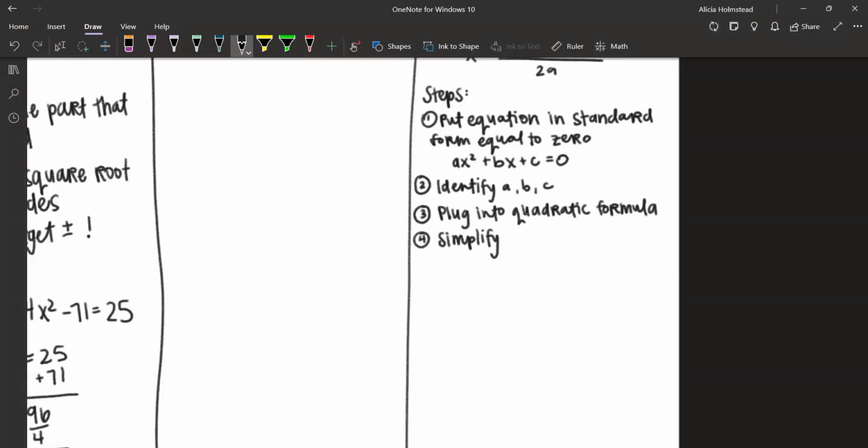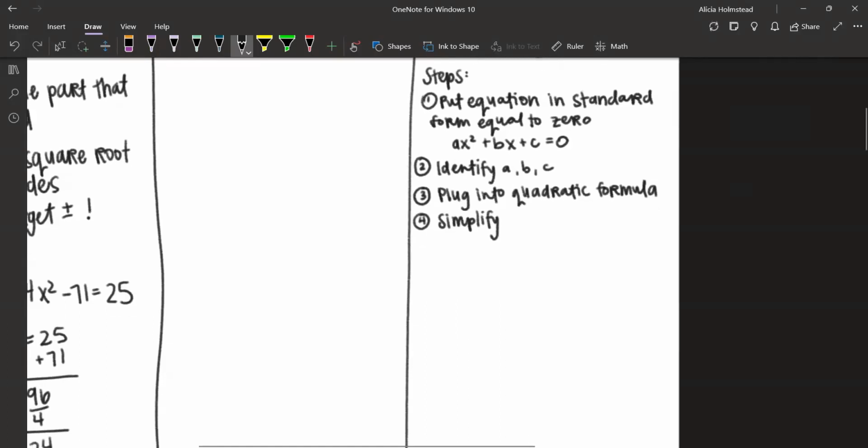So let's see how that's done with an example. The example we're going to use here is 2x squared minus x equals negative 7. All right, so step 1 is to set it equal to 0 and make sure it's in standard form.